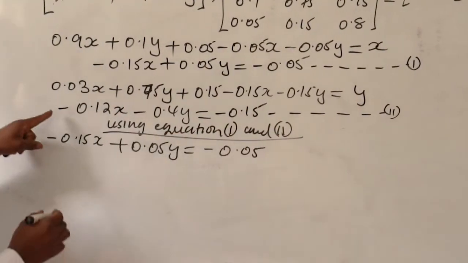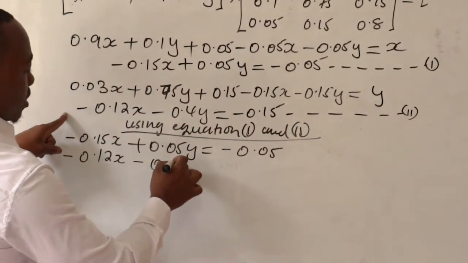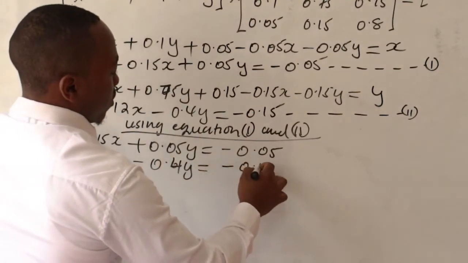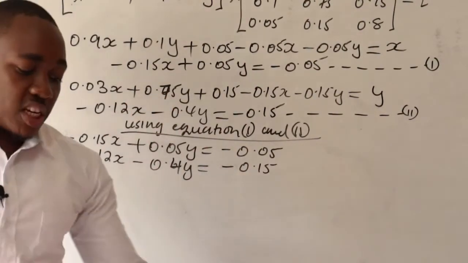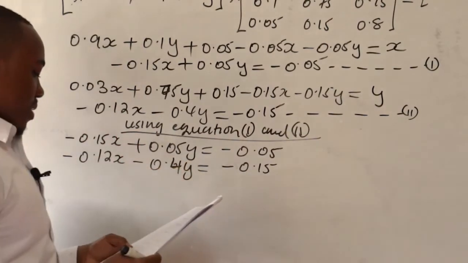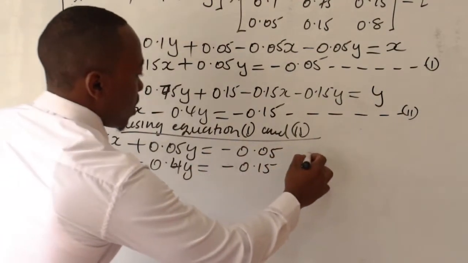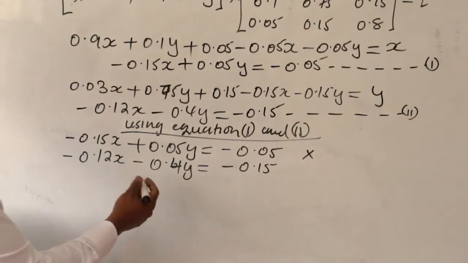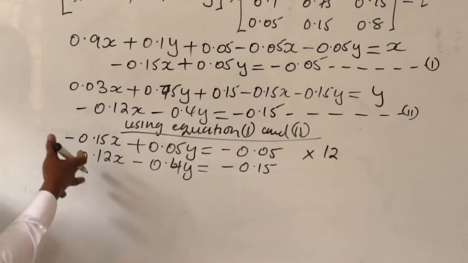Equation 2 here, we have negative 0.12x minus 0.4y is equals to negative 0.15. We have that. So we can use elimination and we can eliminate y. If you eliminate y, that means, or you can eliminate x. So this one you can multiply by 12. It's not necessarily you have to multiply by 0.12. You can multiply by 12. This one is 0.15, but you can multiply by 15.